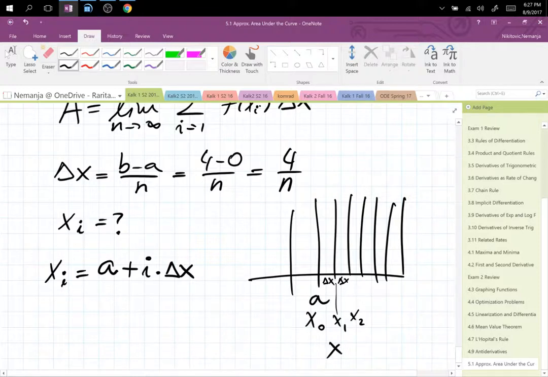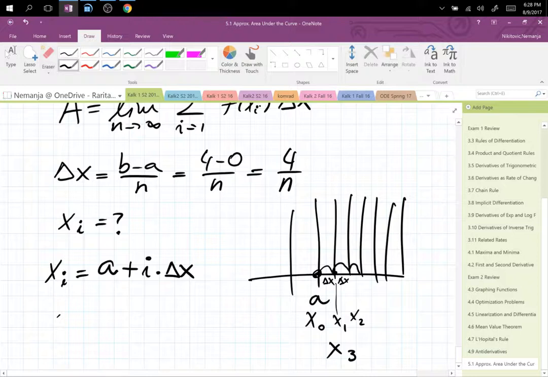Let's say you want to go to x3. How far is x3? It has to start at a, wherever a starts, and then it has to be 3 delta x's away. 3 delta x hops. First hop is x1, x2, x3. So x3 is 3 hops away. If I want x5, then that's a 5. Does it make sense?